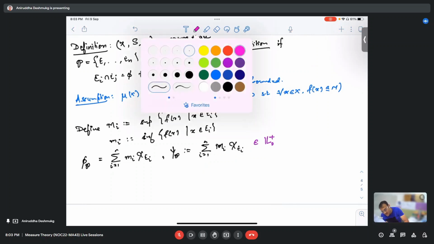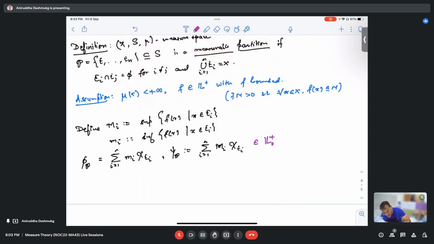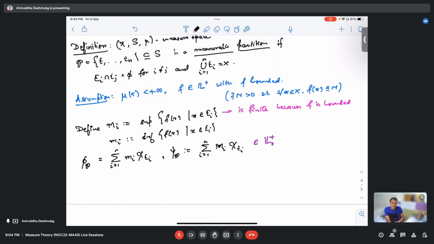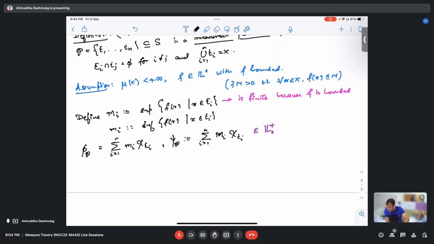To get this Mi finite: this is finite because f is bounded. If f was not bounded, this could be plus infinity, and I don't want it to be plus infinity. So let us take a bounded function. So this capital Mi is finite, this small mi is also finite. Do you agree?